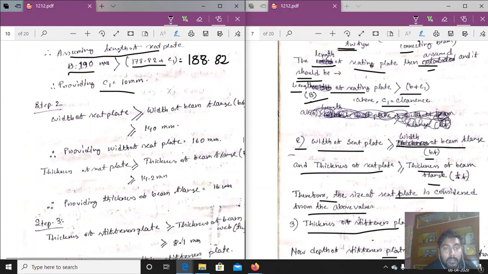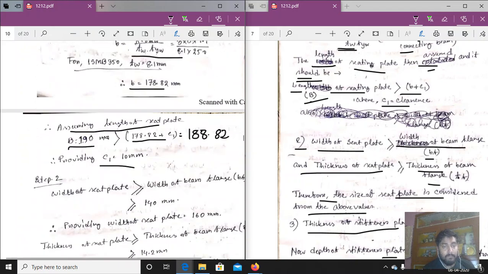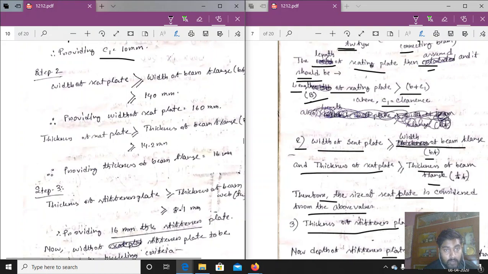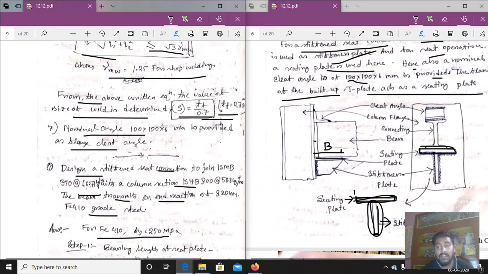What is the width of the beam flange? For an ISMB 350, the beam flange width is 140 mm. So it should be greater than that, providing a width of the seat plate of 160 mm.